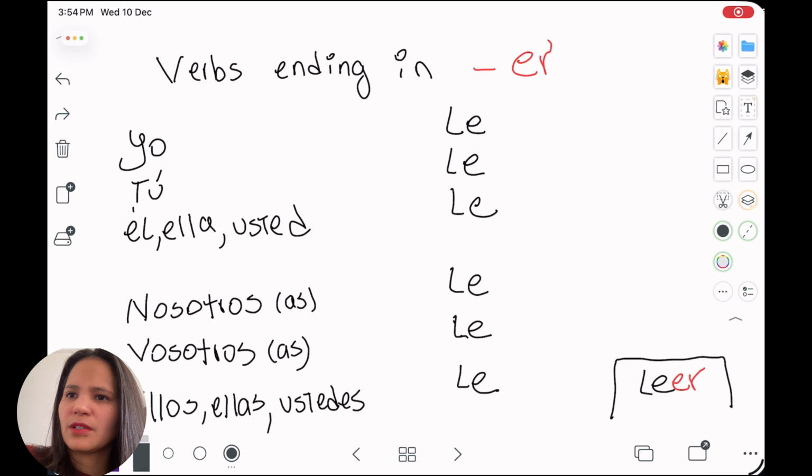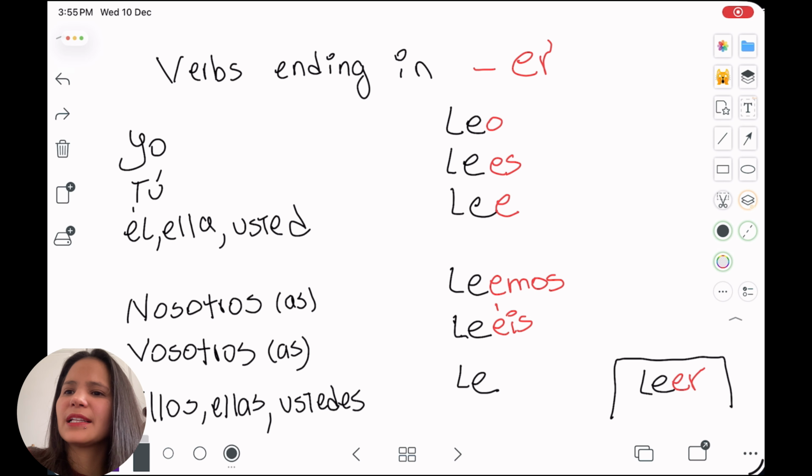O, leo, es, lees, e, lee, emos, leemos, éis, leéis, en, leen.